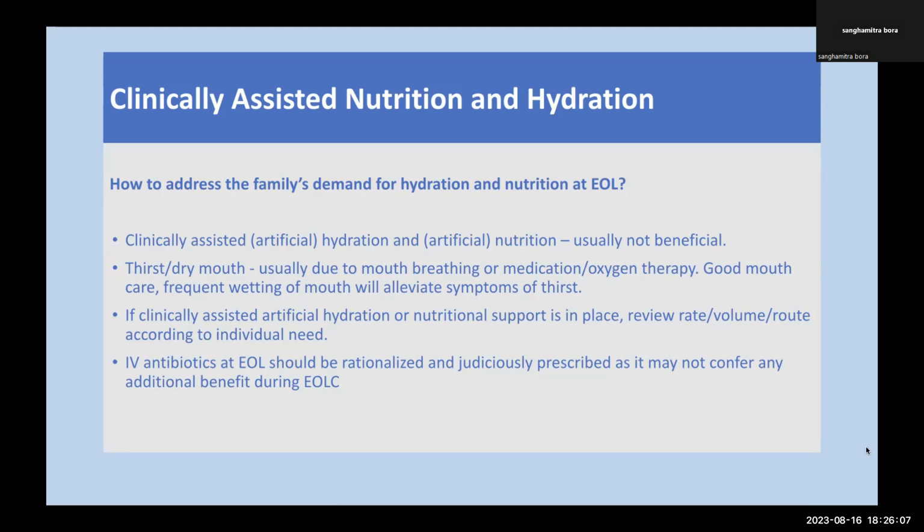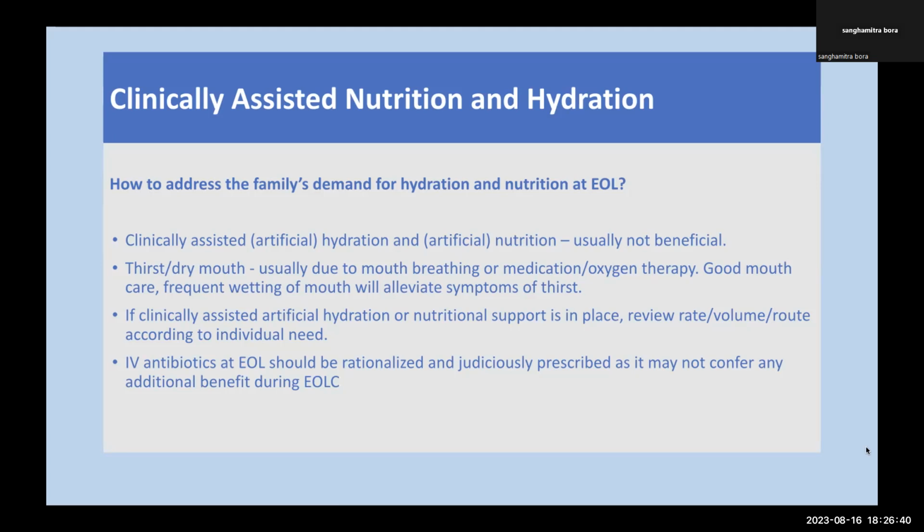Thirst and dry mouth are usually due to mouth breathing or oxygen therapy. So it's important that you do good mouth care. Frequent wetting of the mouth shall suffice to alleviate symptoms of thirst. And if clinically assisted artificial hydration or nutrition support is in place, reviewing the rate, volume or route according to the individual need is very important.